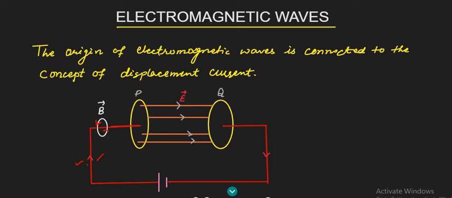As we can see here, when a capacitor, P and Q, this capacitor is P and this one is Q, is allowed to charge after connecting the circuit, the current flows through the connecting wires.